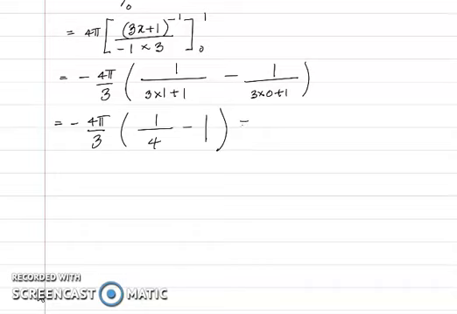So this would be equal to minus 4 pi over 3 multiplied by minus 3/4. The 3's cancel, the 4's cancel. A negative times a negative is a positive. So the final answer is pi cubic units.